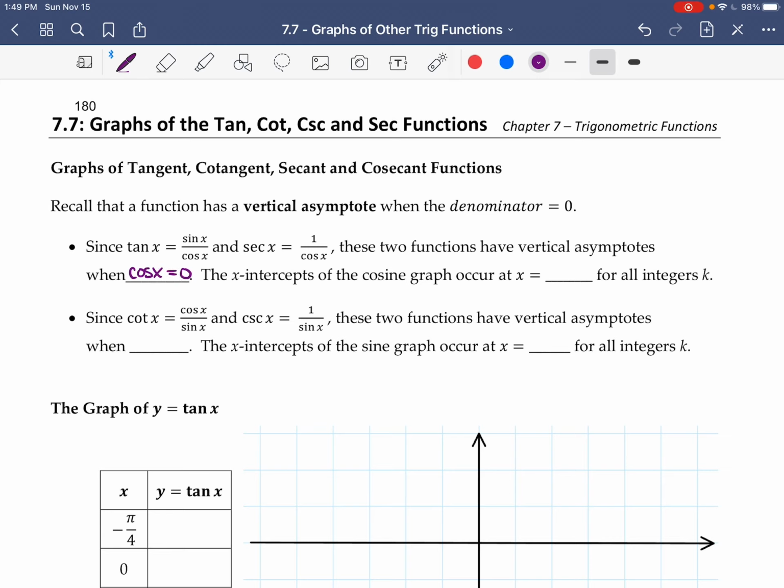Okay, so when does that happen? Well, it's all multiples of pi by 2. So it's pi by 2 plus k times pi, where k is an integer. So maybe I'll just draw a little picture here. So cosine is 0 at pi by 2.